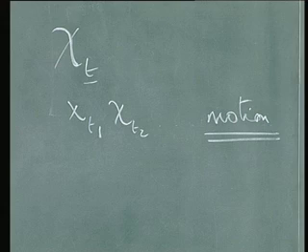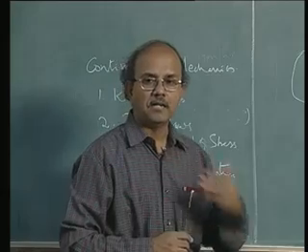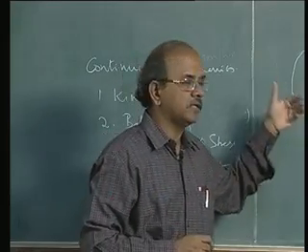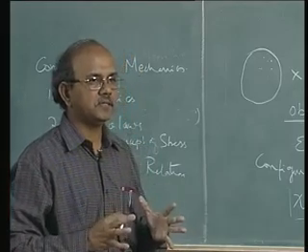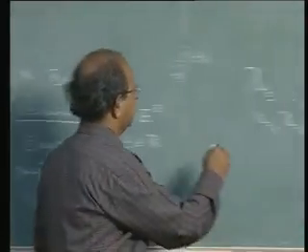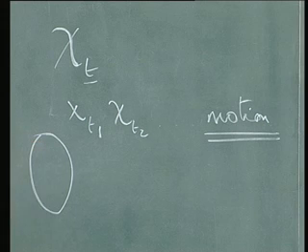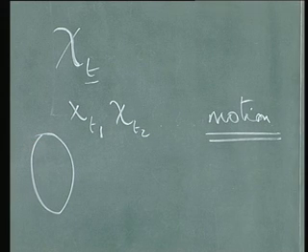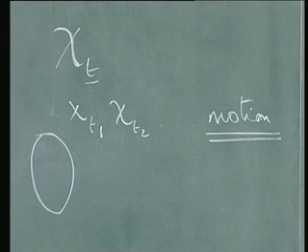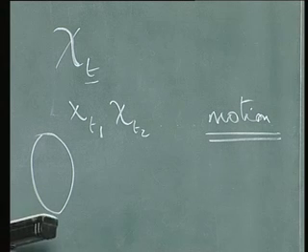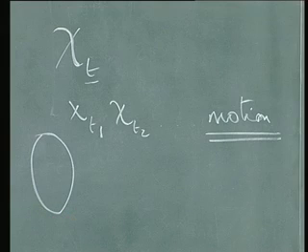This body, which consists of a number of material points, is analyzed by the observer by placing it in a particular position in space. So in other words, if I want to analyze the motion of this body, I place this body in a particular position and then start analyzing it.